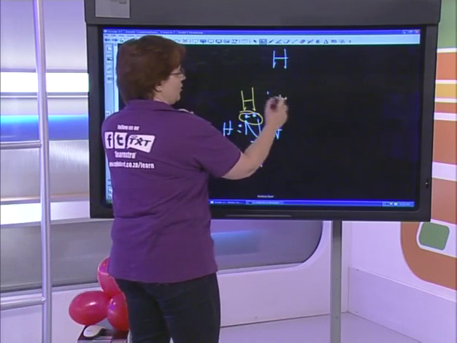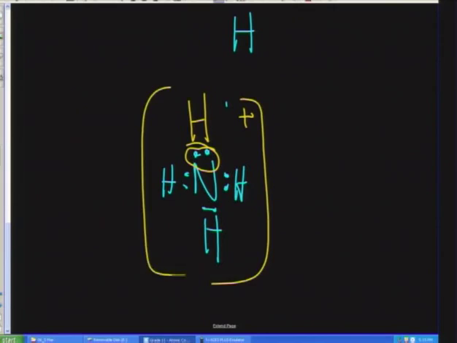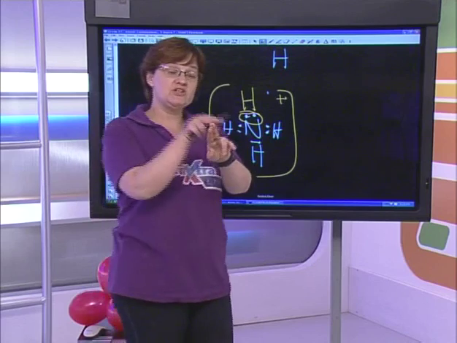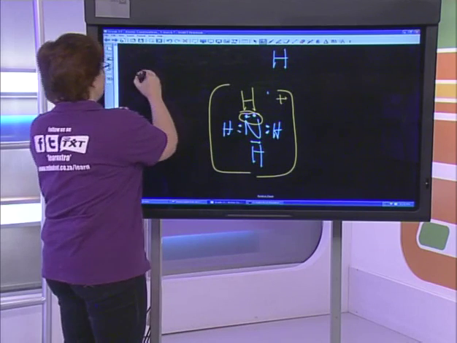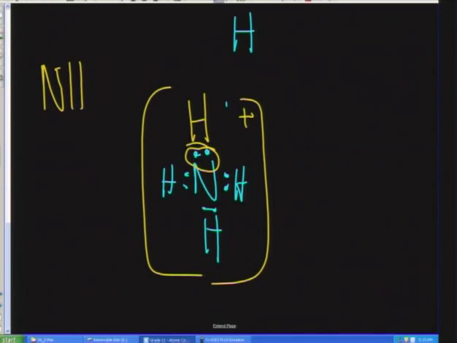Only one atom contributed, and it also results in the ion becoming positive. So a dative covalent bond is when you have a shared pair of electrons which is only contributed by one of the atoms involved, okay? And it normally ends up being a positive ion. And the ones you're going to get asked most are NH4+, like I've done now, and it's probably a good idea to see if you can work out how H3O+ would work.